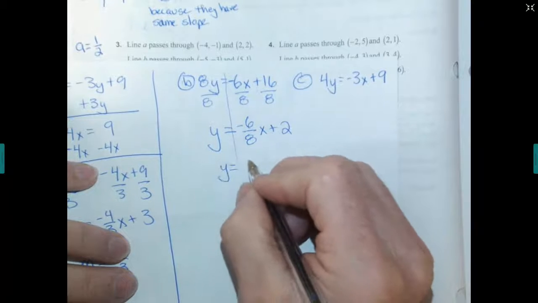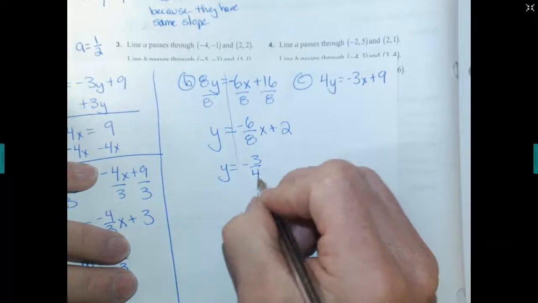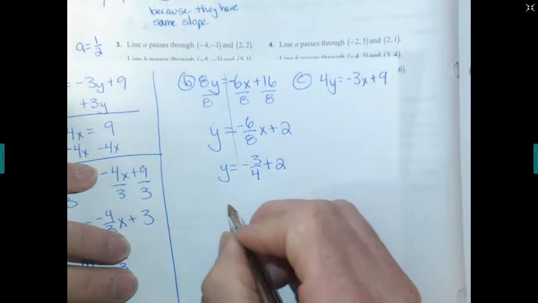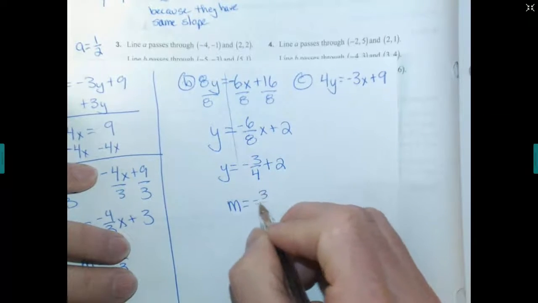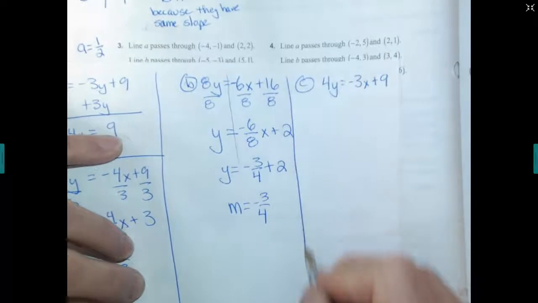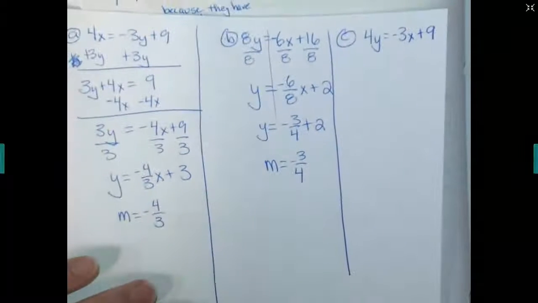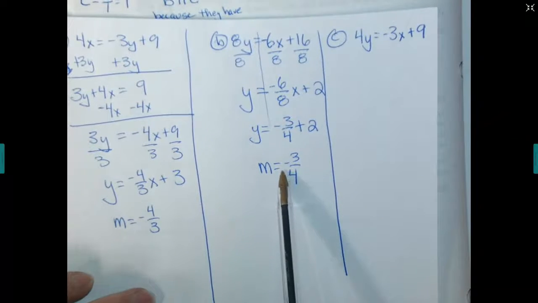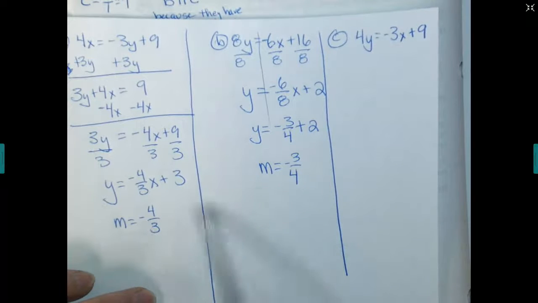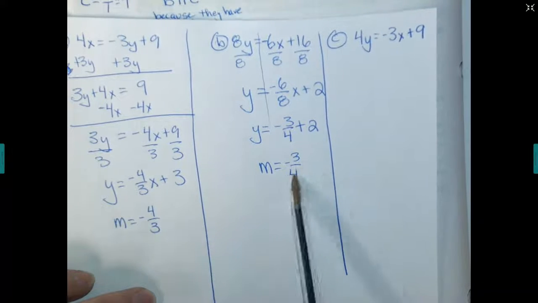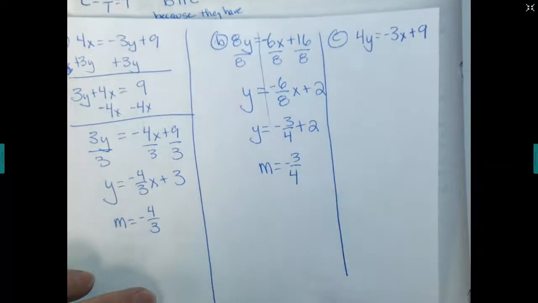So I get y equals -3/4 x plus 2. So my slope for B is -3/4. So looking at these, it does not look like, oh, they were almost, they're reciprocals, but they're not opposite. They're both negative. So far nothing.